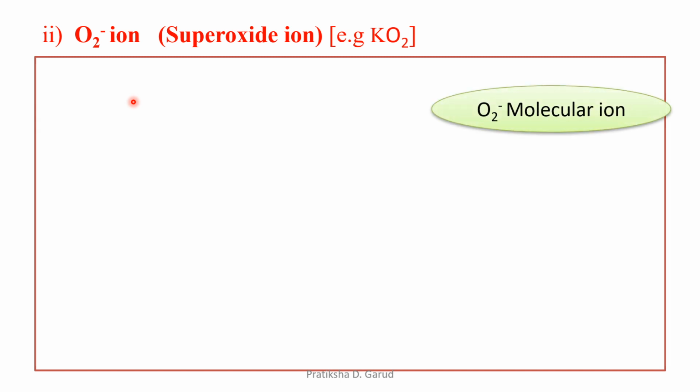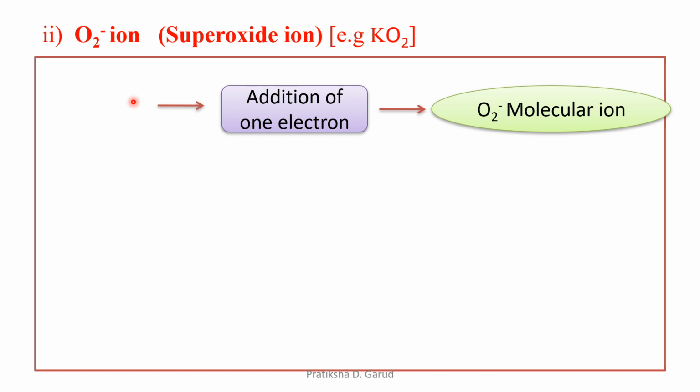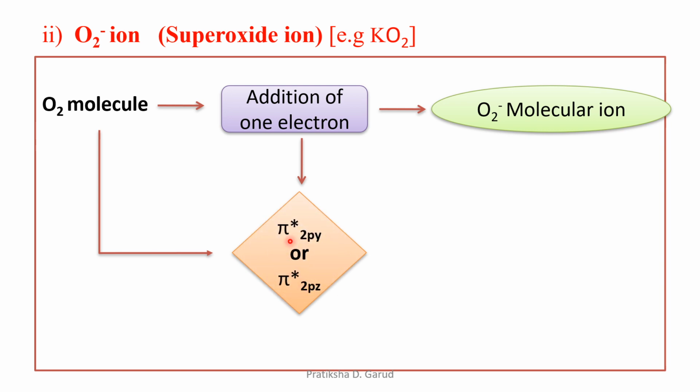So how is this O2 minus ion formed? Let's see. This O2 minus molecular ion is formed by the addition of one electron to the oxygen molecule, right? So in the oxygen molecule, when there is addition of one electron, it gives the formation of the O2 minus molecular ion. This one electron is added in the pi asterisk 2py or pi asterisk 2pz.